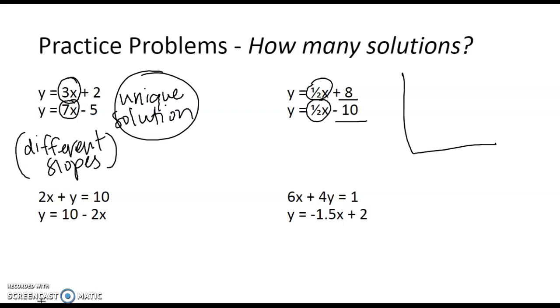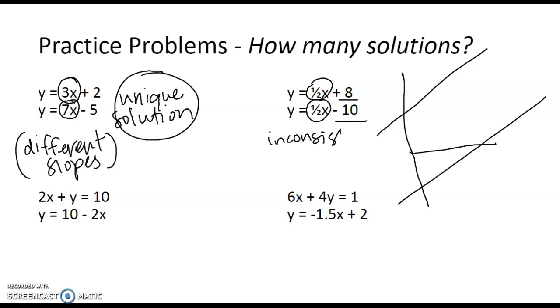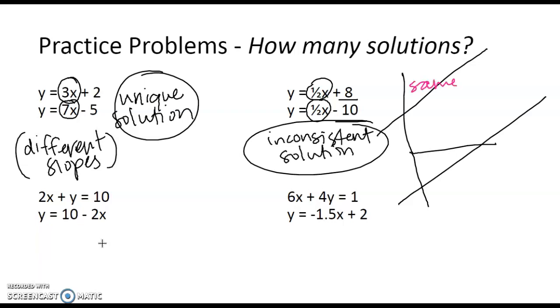So one is going to cross up here at plus 8, so 1/2 x plus 8, and one's going to be down here at 1/2 x minus 10. They're never going to intersect, so these two lines would be inconsistent, with no solutions, because we have the same slope but different y-intercepts.